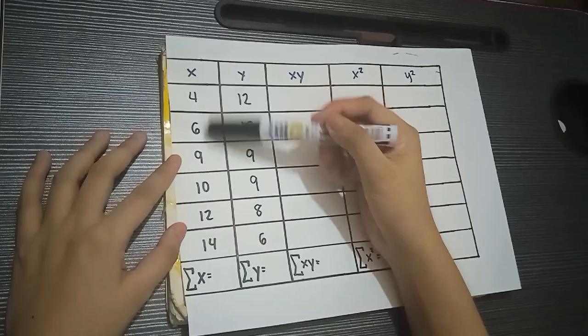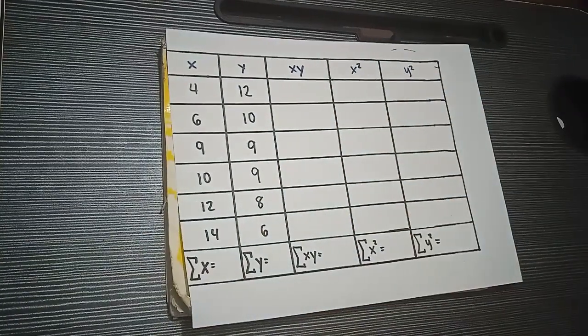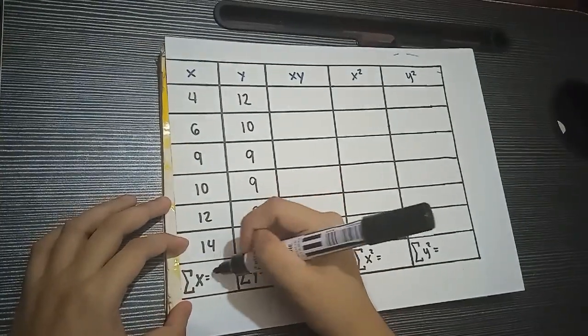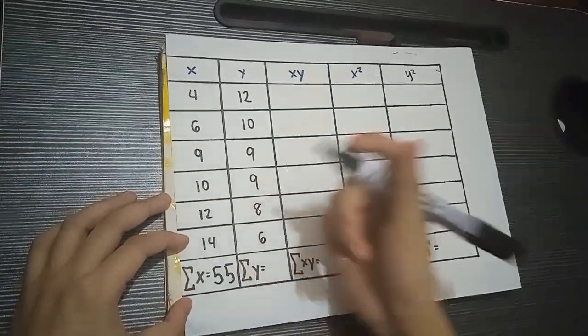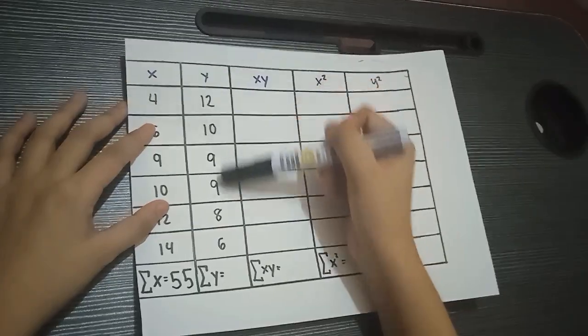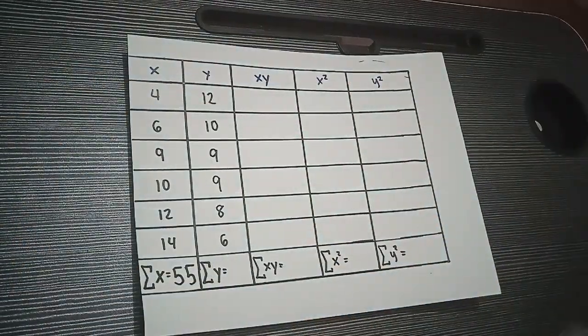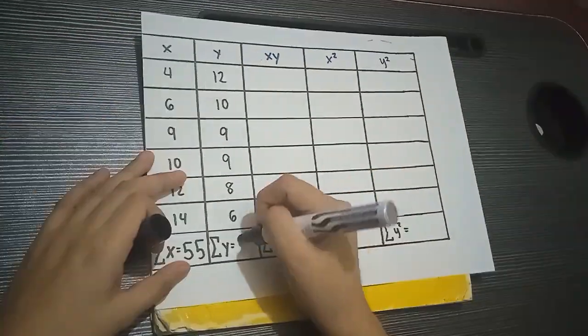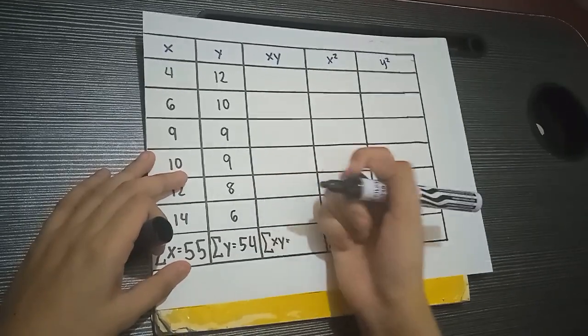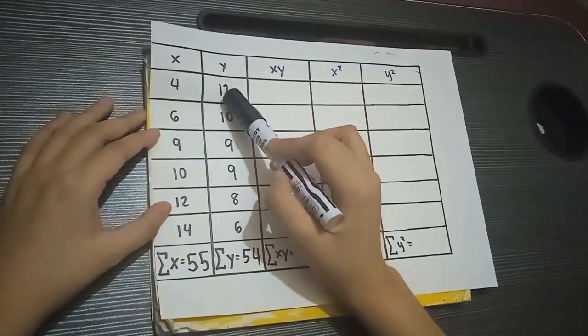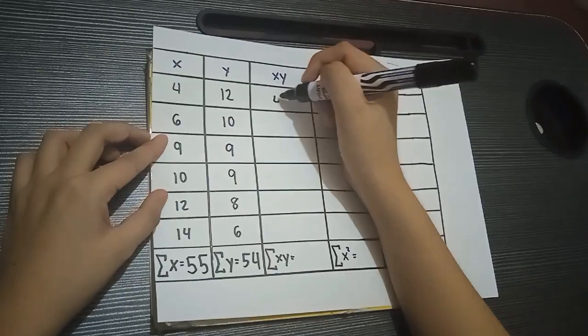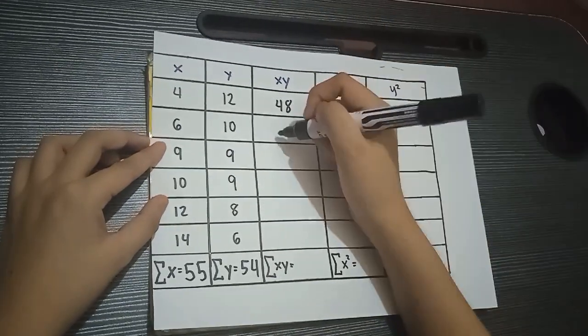To solve this, you have to find the summation of x, y, xy, x squared, and y squared. Add the values to get its summation. To find xy, multiply x and y. Then add all the given values to get its summation.